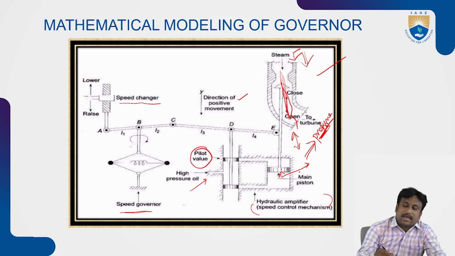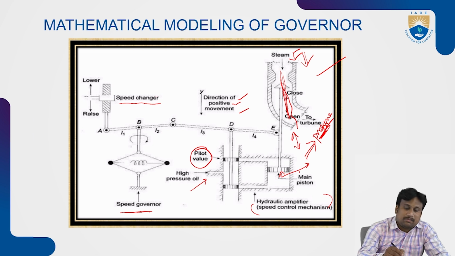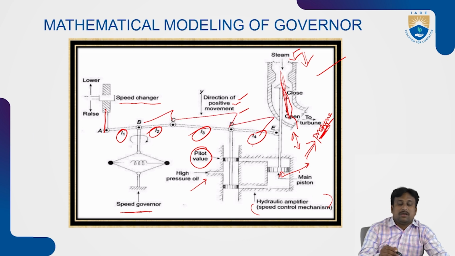Here we take the positive movement along the direction of Y. Some of the speed changer locations run from I1, I2, I3, I4. These positions may be interchanged from A to B, B to C, C to D. These are the positions we developed for the speed changer.